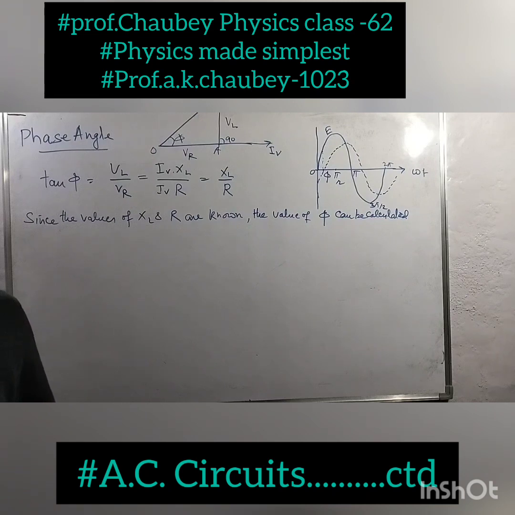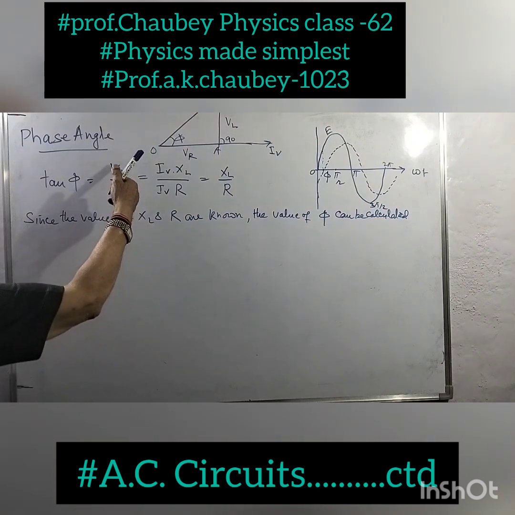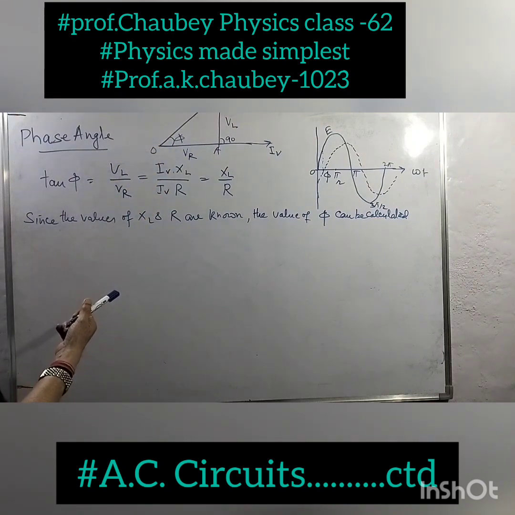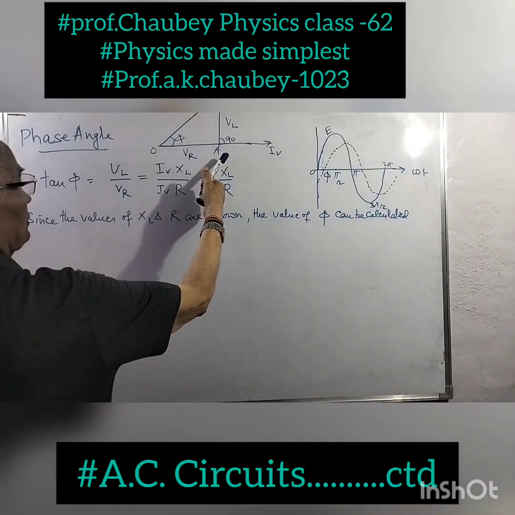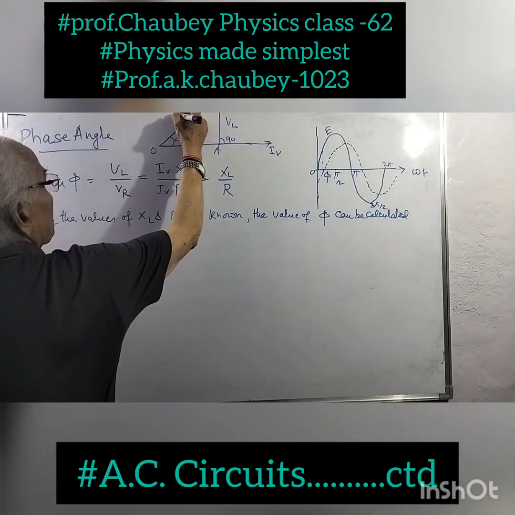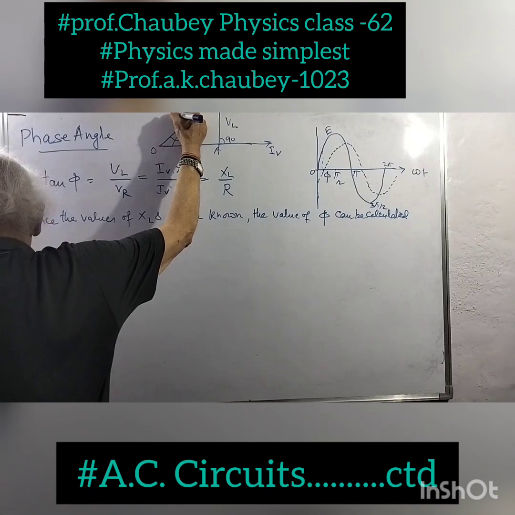And we have already given the impedance. This also can be called the impedance triangle. This is VR, this is VL, and this is the potential EB.